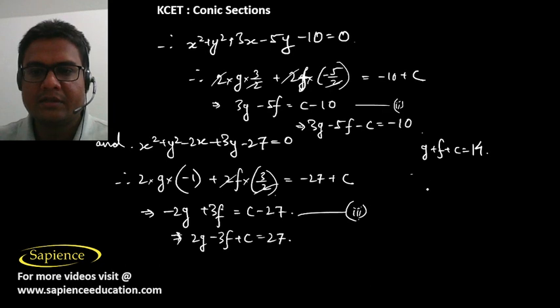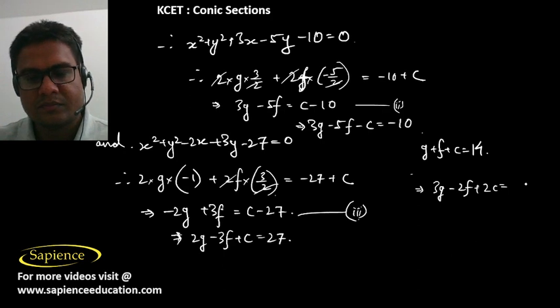So now if we add these two, then we will get 3g minus 2f plus 2c, that is equal to 14 plus 27, that is 41.